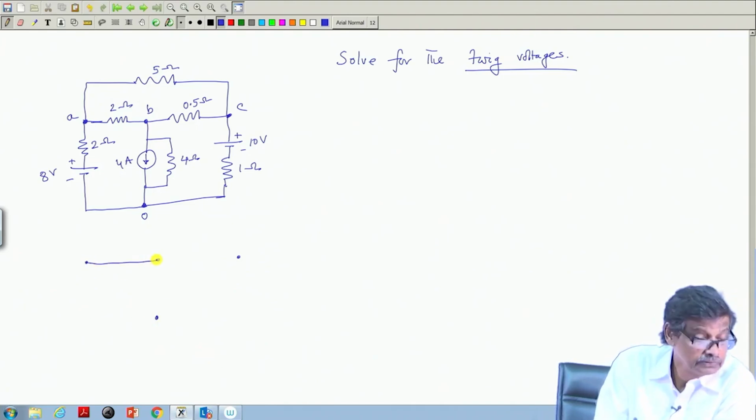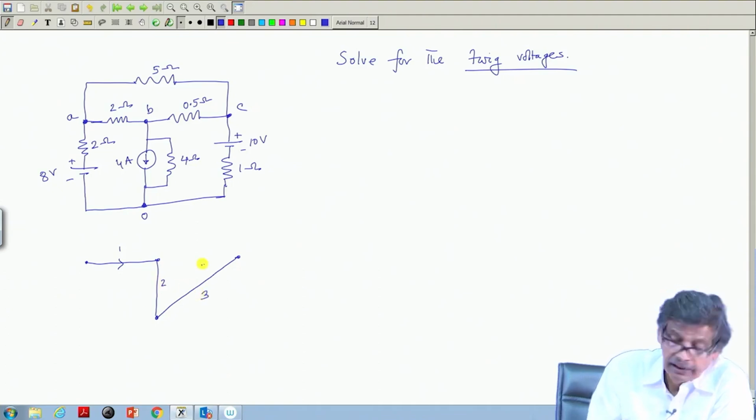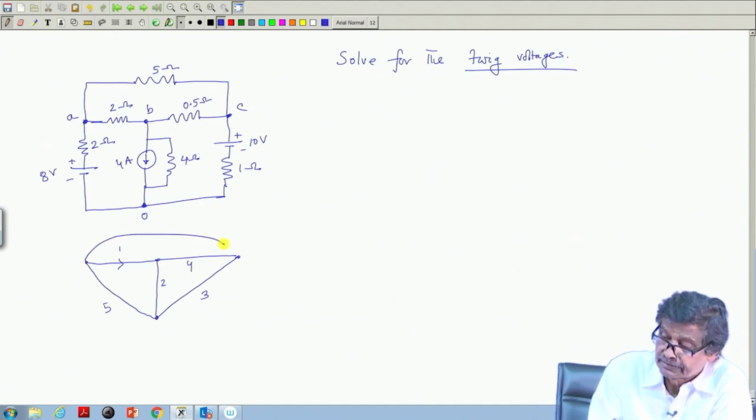Suppose I name the elements 1, 2, 3, and this is element 4, this is element 5, and this is element 6.